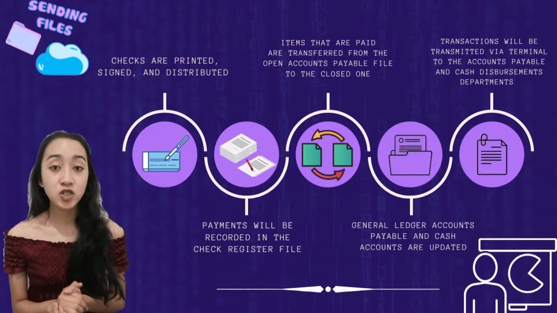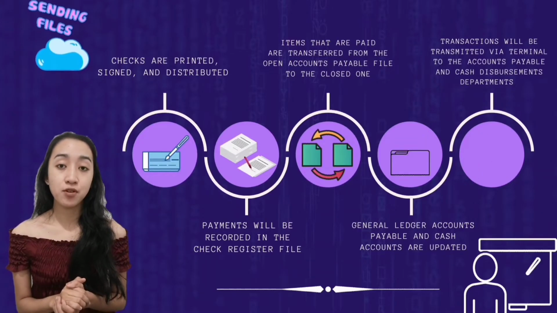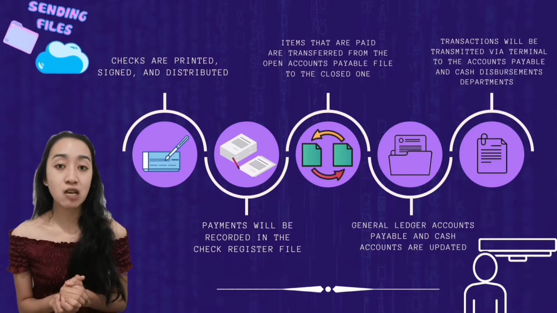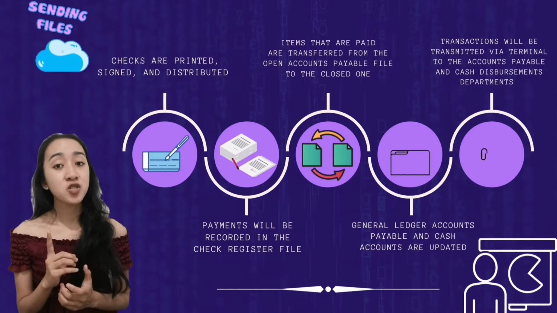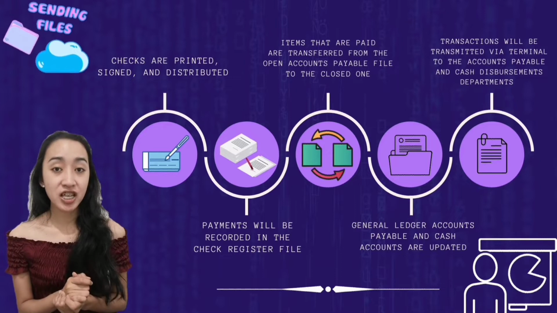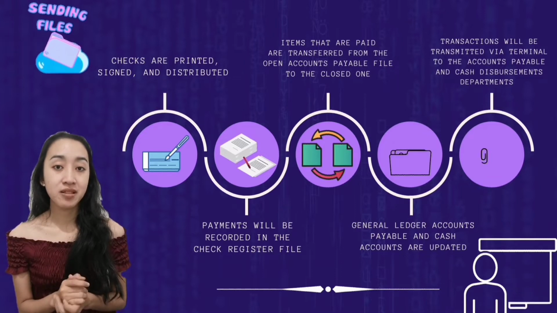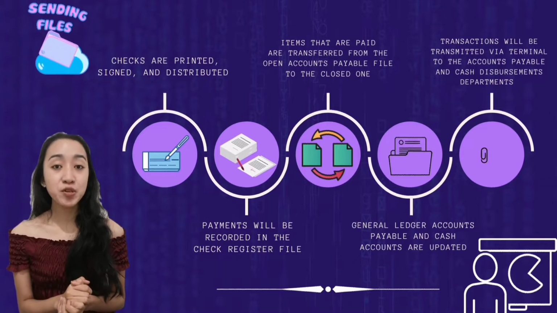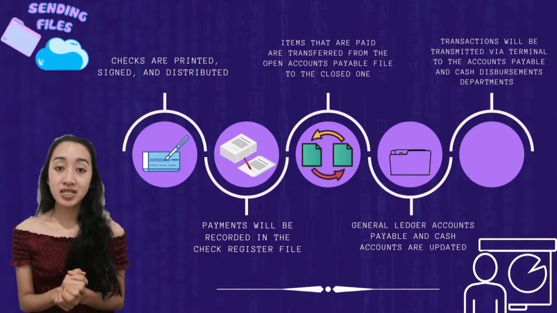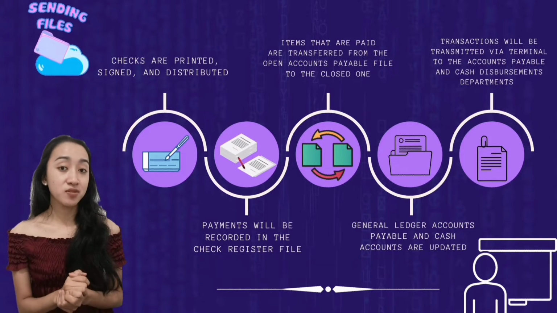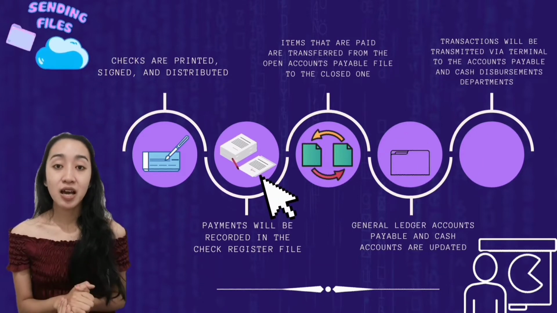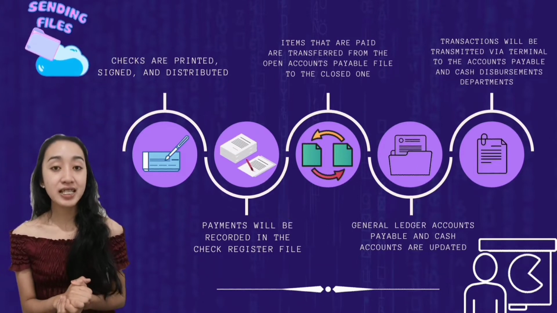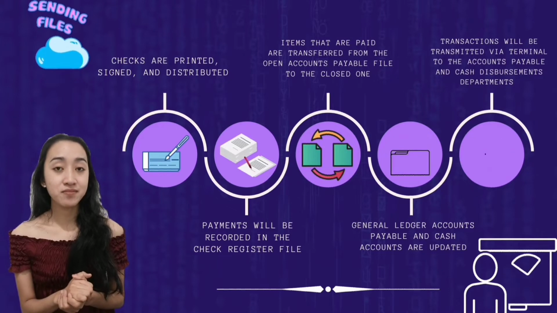Each day, the due date fields of the accounts payable records are checked for items due to be paid. So, here are the procedures that need to be performed. First, checks must be printed, signed, and distributed to the mailroom because they will be mailed to the vendors. Second, payments will be recorded in the check register file.